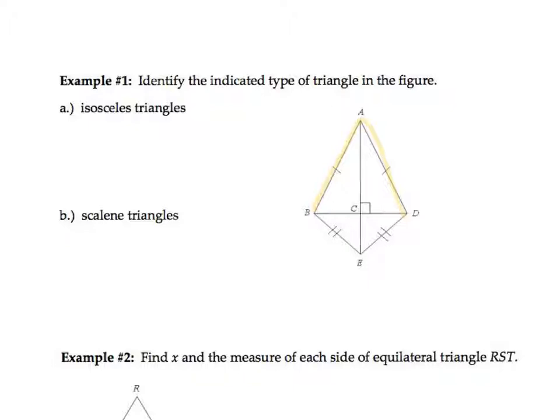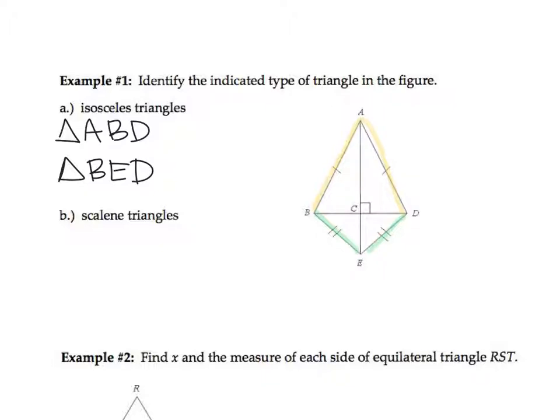And I also know sides BE and DE are the same because they are congruent. So now I just need to figure out triangles that contain those two sides. So triangle ABD would be isosceles. It would contain sides AB and AD. And then we have triangle BED. It would also be isosceles.